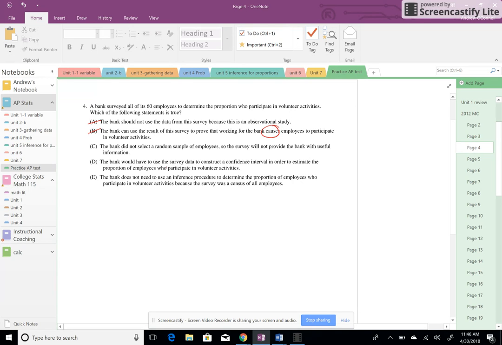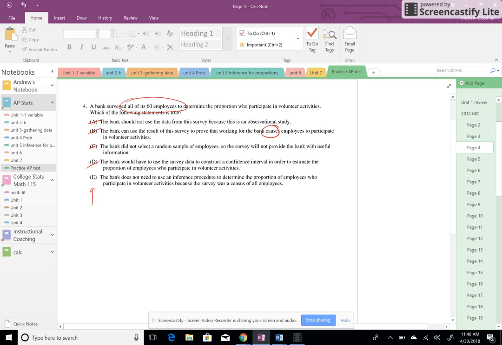The bank would have to use the survey data to construct a confidence interval in order to estimate the proportion of employees who participate in volunteer activities. I would also get rid of this one because it asked all 60 employees. So you don't have a sample here. It's pretty obvious once you actually get all the way down to E.